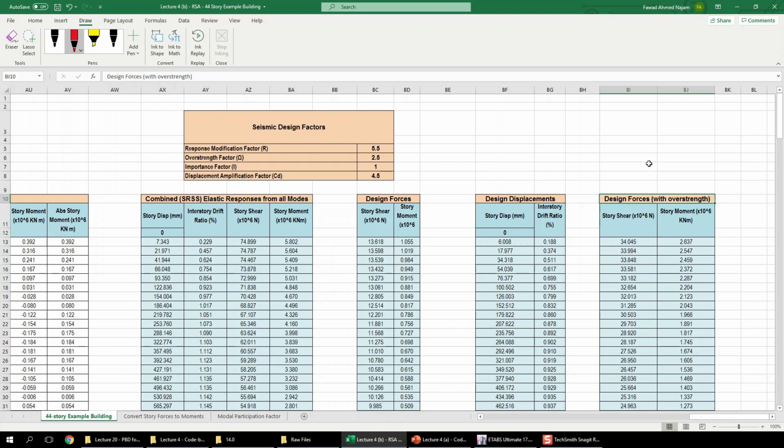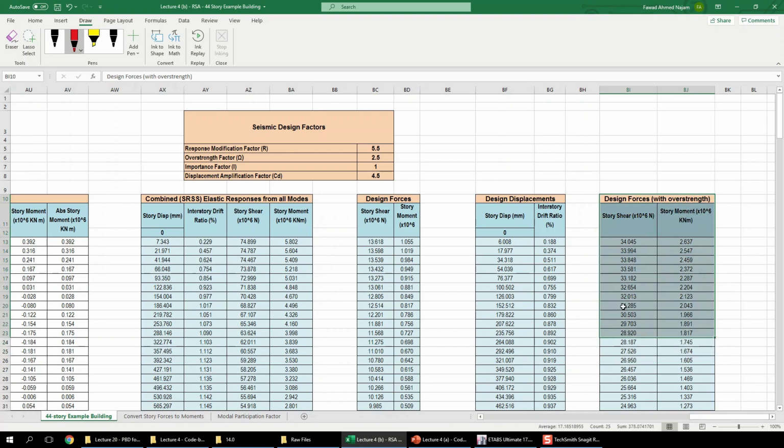So here, for the purpose of demonstration, I just multiply the overstrength factor to all the design forces, although ideally it should not be done, but just to give you an idea, I multiply here the omega factor also to get the design forces with overstrength factor applied to all the stories.